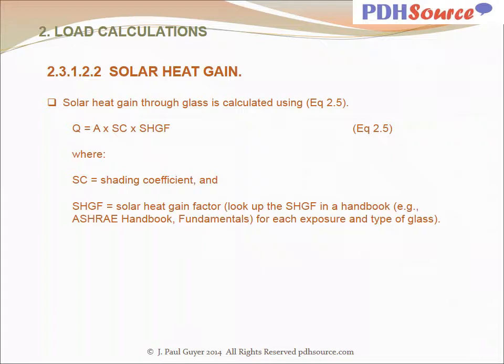But today it's more of an all-encompassing factor that takes into account not only shading by virtue of things like drapes and overhangs and blinds and this sort of thing, but it also compensates for the different glazing systems that are now on the market with colored glass and reflective surfaces and things like that.